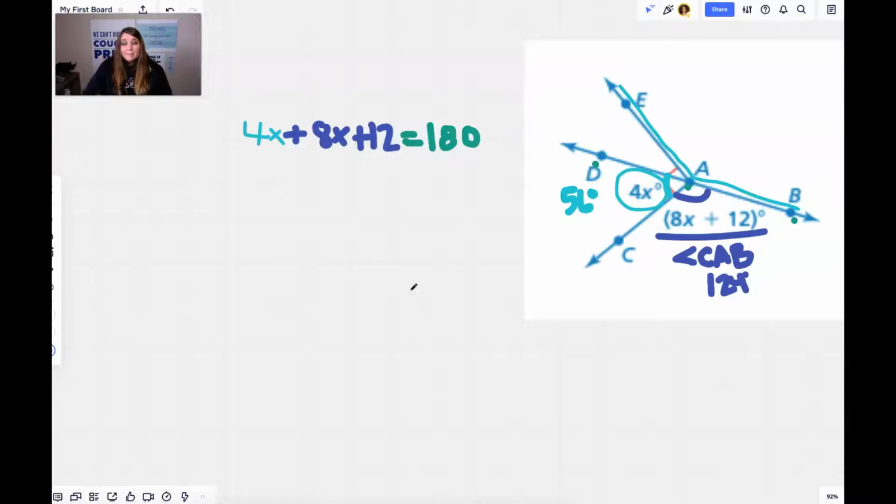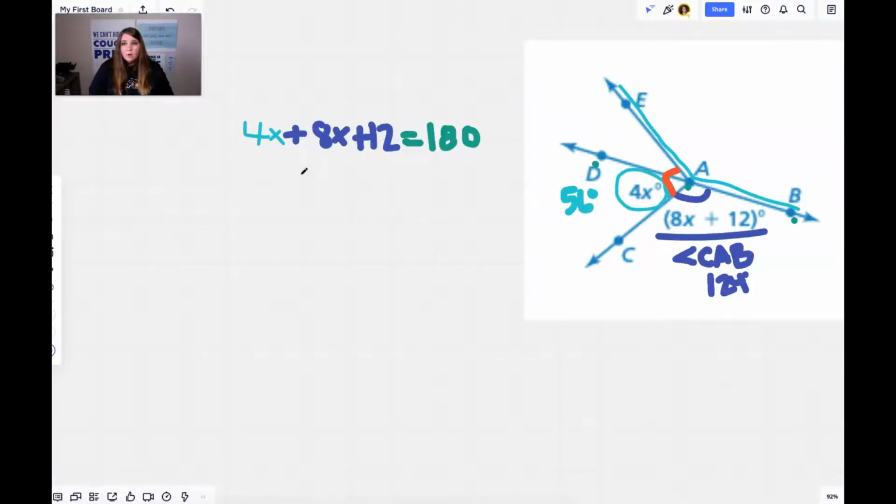But look, we had something else right here. We have some more information right here. We have a right angle. Guys, we have a right angle. So angle DAC and angle EAD equals 90. So we know that 56 plus some unknown is going to equal 90 degrees.